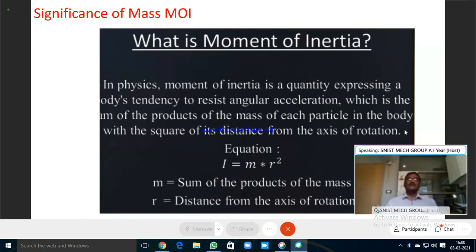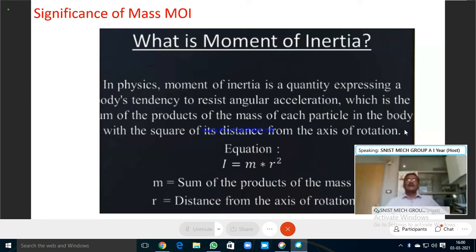Your significance of mass moment of inertia, you can understand that it is the resistance offered by the body for the rotation or angular motion is called mass moment of inertia. Please note down this definition of moment of inertia, specifically mass moment of inertia.